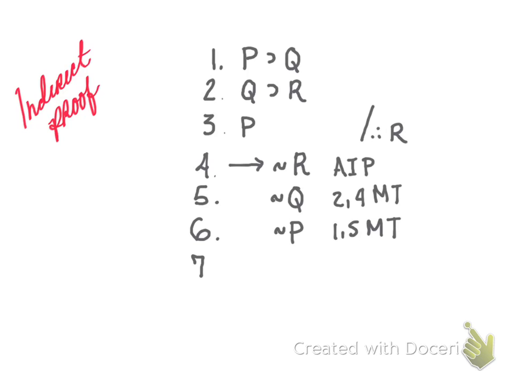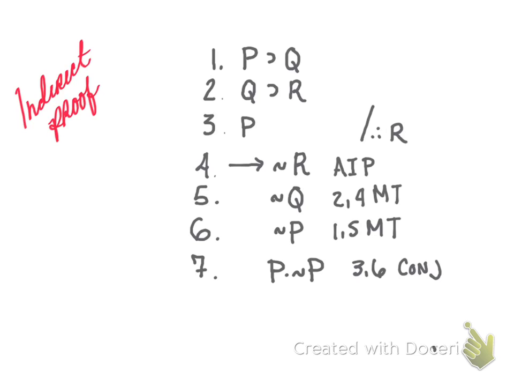And indeed, we can put these together into a conjunction to make it really clear that what we have derived is a contradiction. We'll use the conjunction rule to do that.